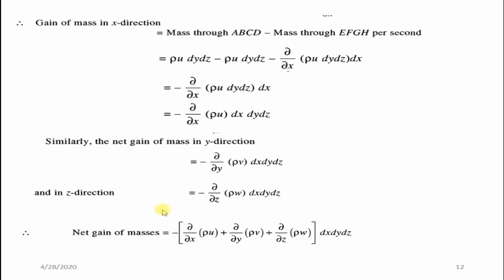Now, because Cartesian coordinates have x, y, z, you sum all these x direction, y direction plus z direction. The negative sign you take outside: dou by dou x of rho u plus dou by dou y of rho v plus dou by dou z of rho into w, dx dy dz common throughout. This is the net gain of mass through x, y and z direction.